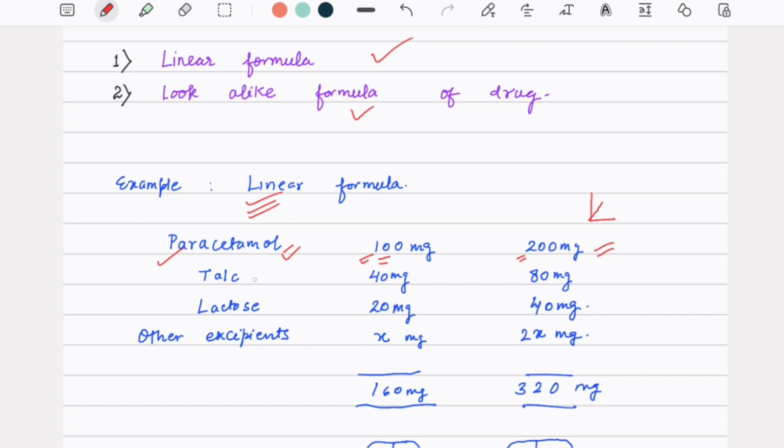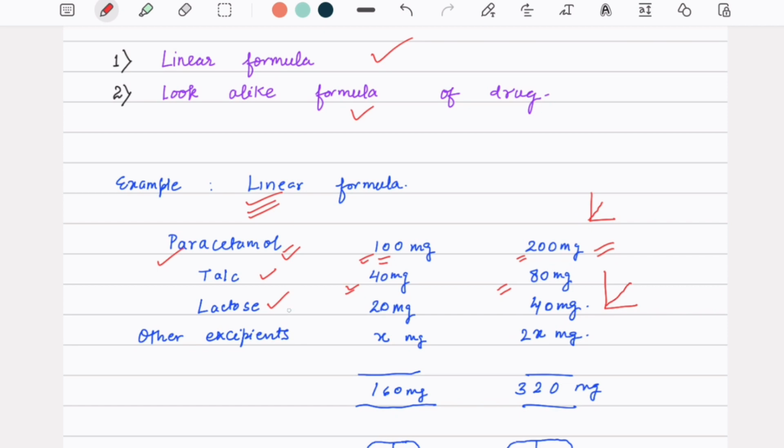Now you can see there are two excipients. I have taken this just as an example, talc and lactose. Talc in the 100 mg strength is 40 mg, and in the 200 mg strength we have talc of 80 mg. So in this case also the concentration of talc is increasing linearly.